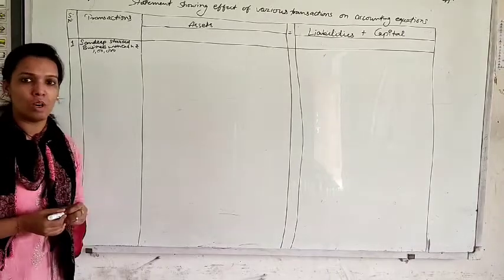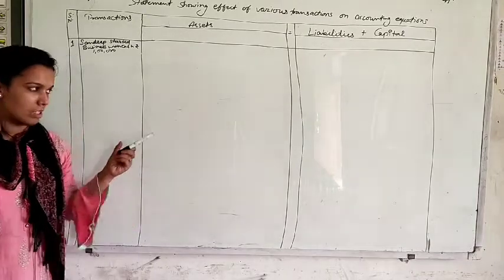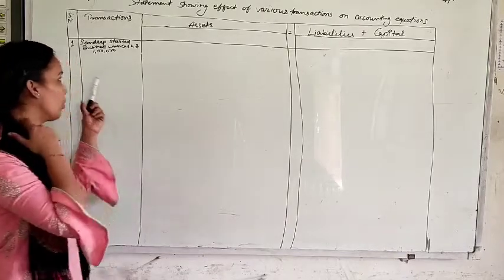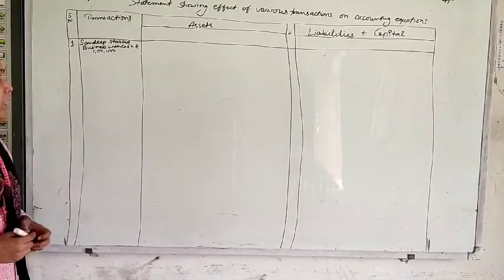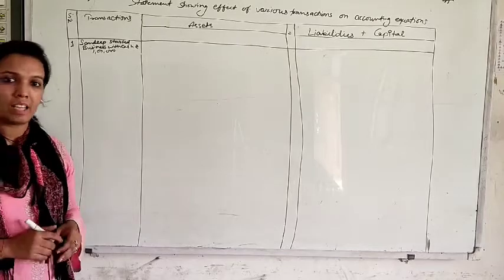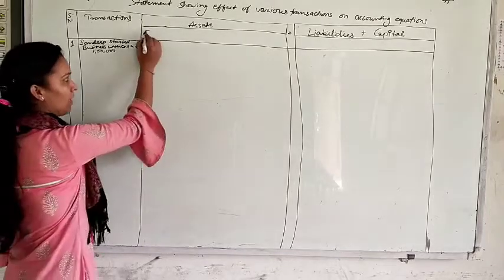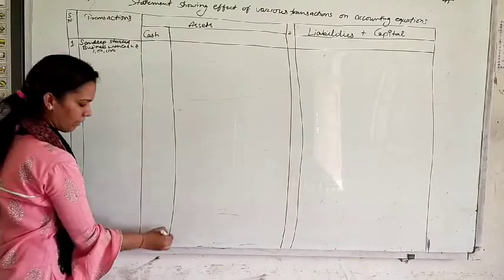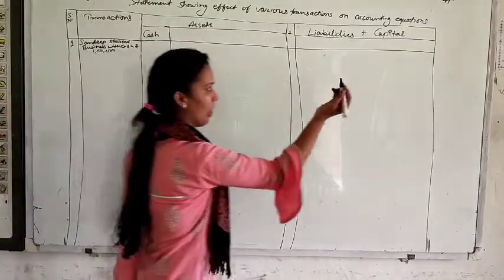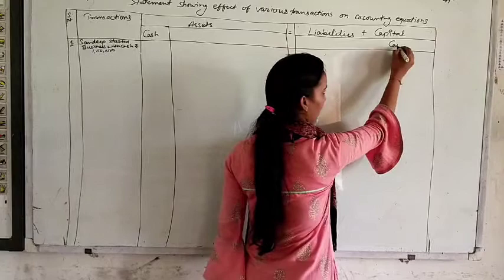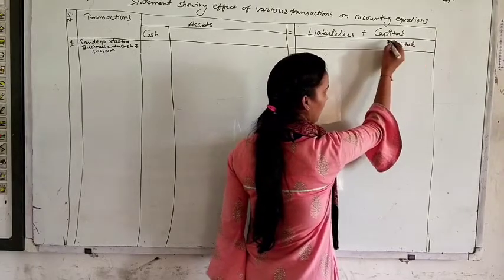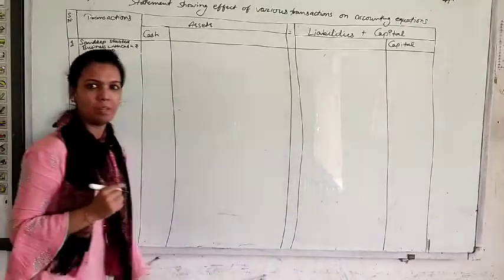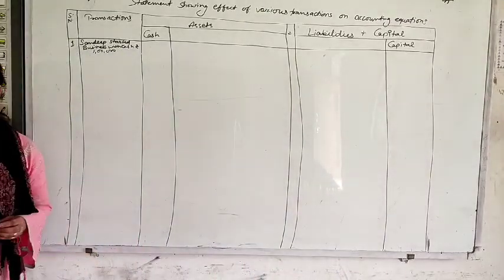So what are the two accounts, as I told you in previous classes, that will be affected? The cash account and the capital account. So the first column in assets you will make is cash, and capital you have already, I am just making it separately. Cash and capital both will be affected.